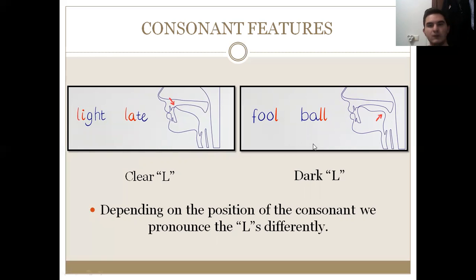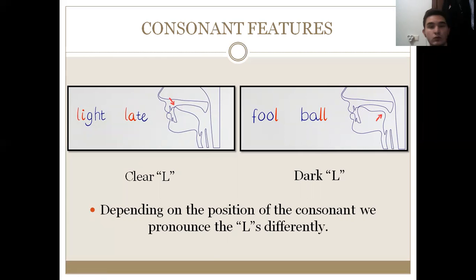But in the dark one, you say L, your tongue goes a little bit back, a little more behind. As you can see from the example, the tip of the tongue doesn't touch the same place, right? So people also have a hard time differentiating this.